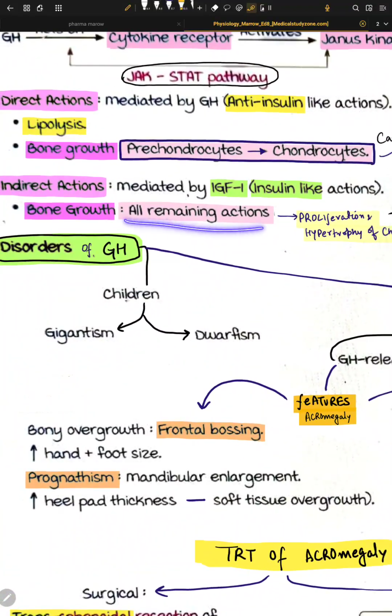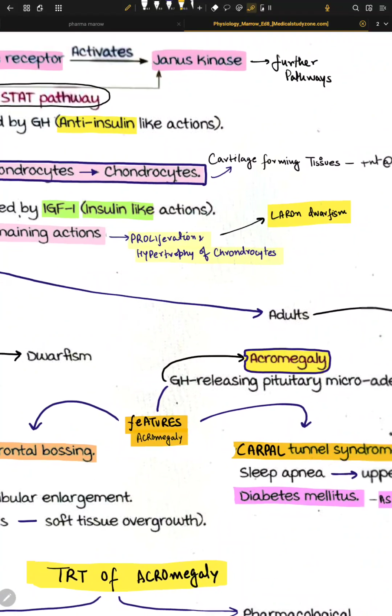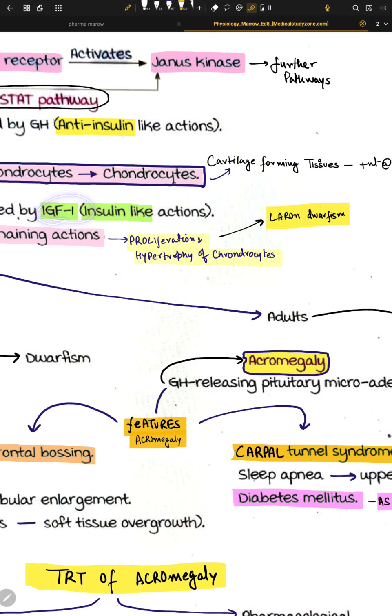All the remaining action after the chondrocyte, the proliferation and hypertrophy of these chondrocytes, is done by IGF-1. So if you have really low levels of IGF-1 in your serum, you will have something called Laron dwarfism.